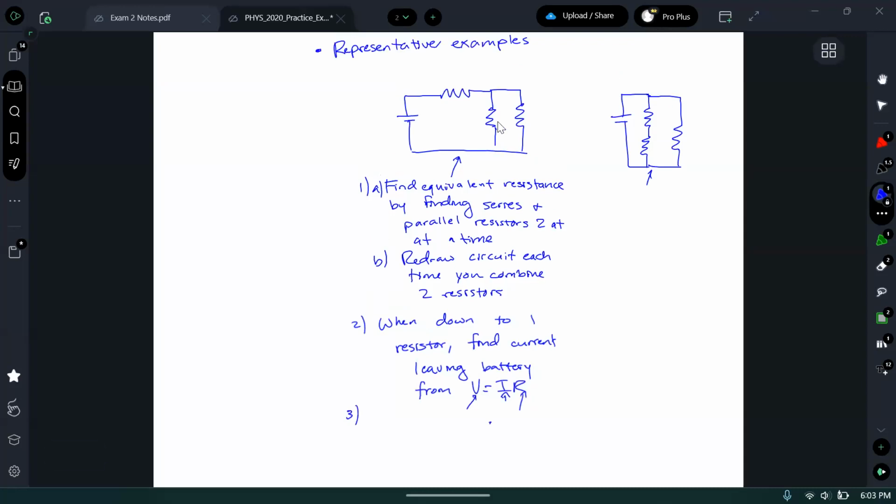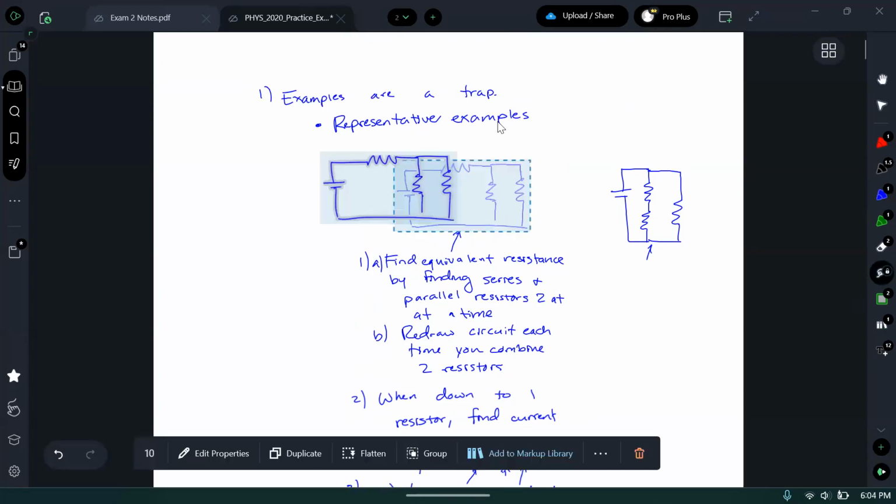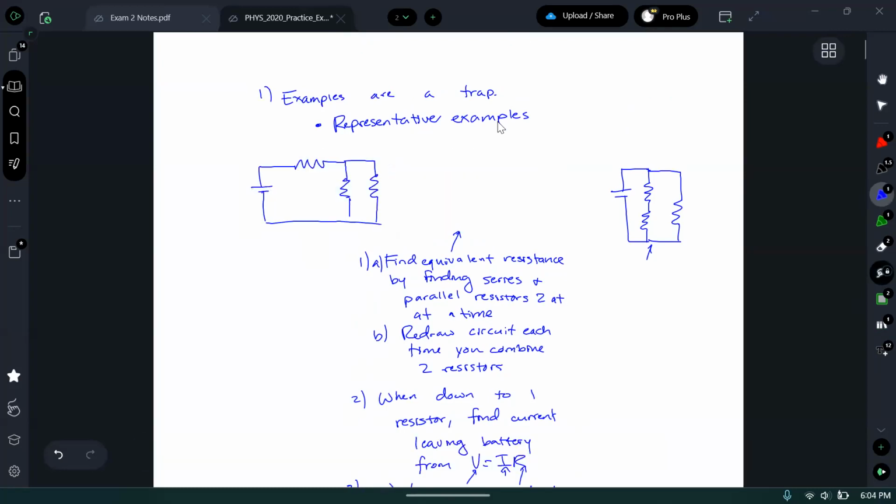After you do that, work your way back up. By that, I mean, if you followed this process, you would have found this circuit and then simplified it, with these two being in parallel, to this circuit.